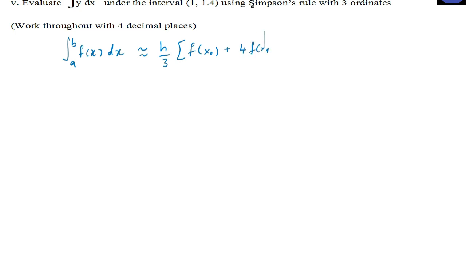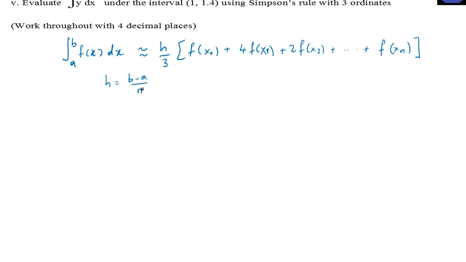You should get this from your formula booklet. There's no need to retain these, I think. So plus 2 f of x2 plus, and you just alternate between 4 and 2 until the last term, which will be just like the first term. So f of xn will not multiply anything. And to calculate h, it's just b minus a over n.